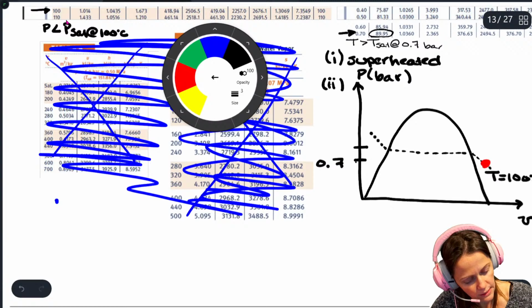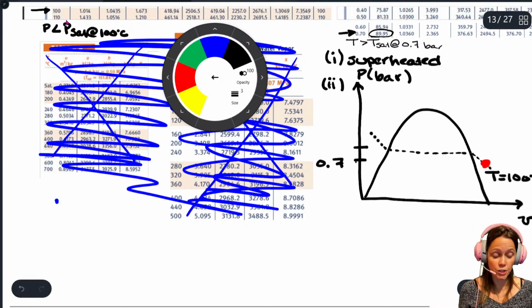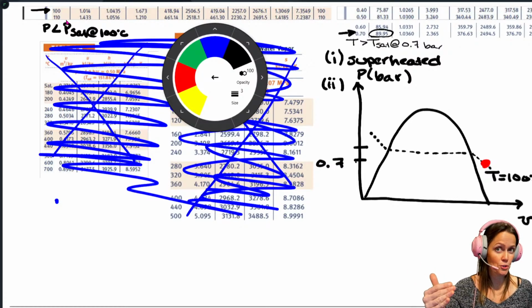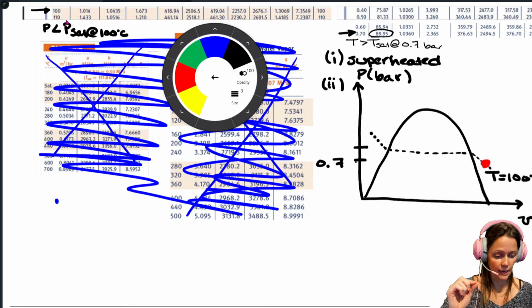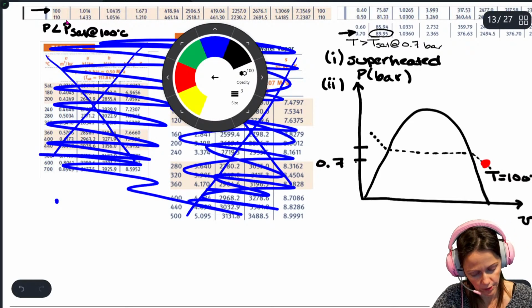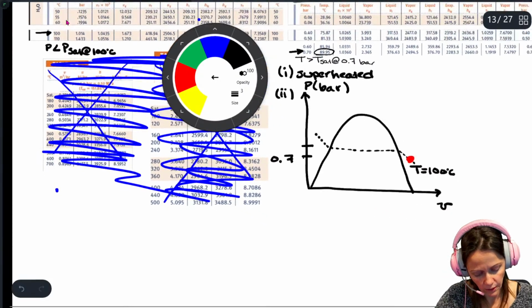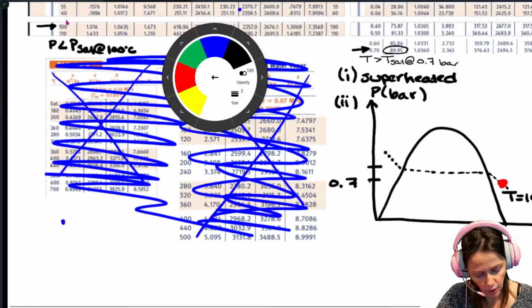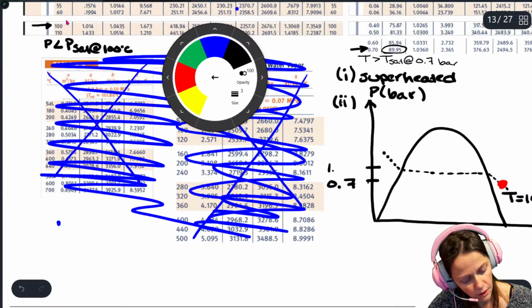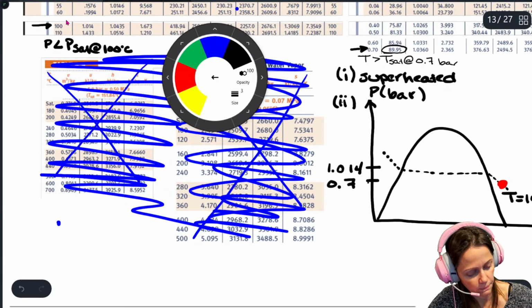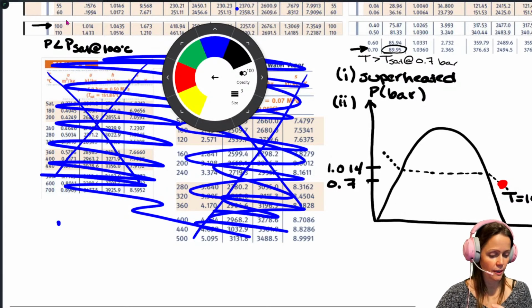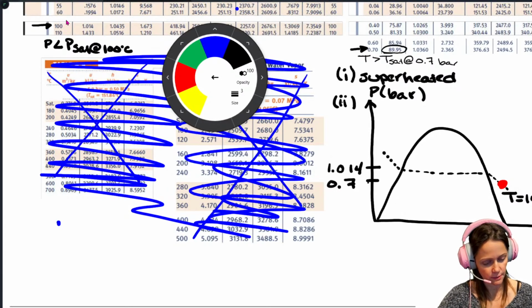And you can see this guy right here would just be the saturation pressure at 100 degrees Celsius, because if your temperature is 100 degrees Celsius and the water is saturated, you'd have to be at this saturation pressure, which looking up here at table A2, we can see that's 1.014. And right, that makes sense as far as where it's located on that y-axis there.